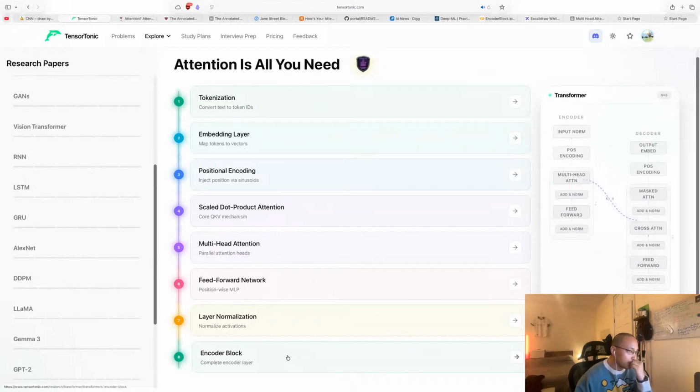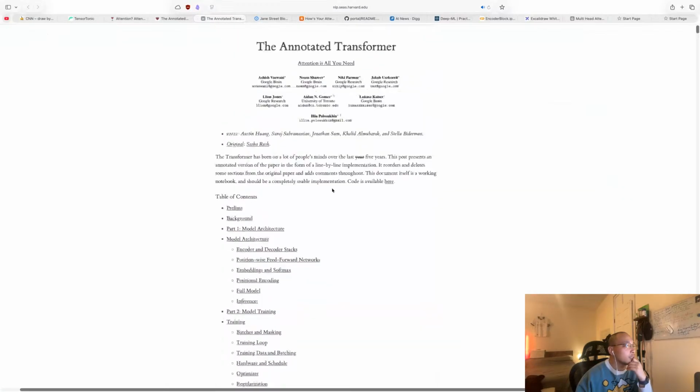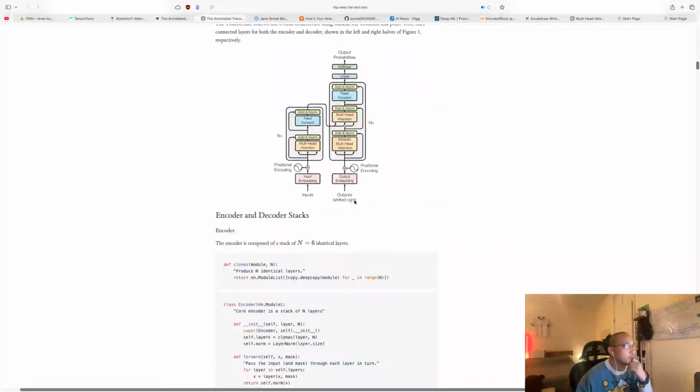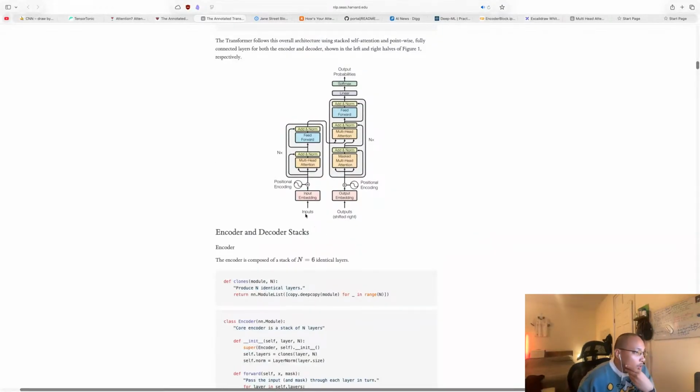So what would probably be interesting is, like we did with the encoder block, I might just try to implement a decoder block to see how different it is. I mean, the standard architecture is given here. Let's see. Where is it? So yeah, let's think about it. All right, so this is the encoder block.